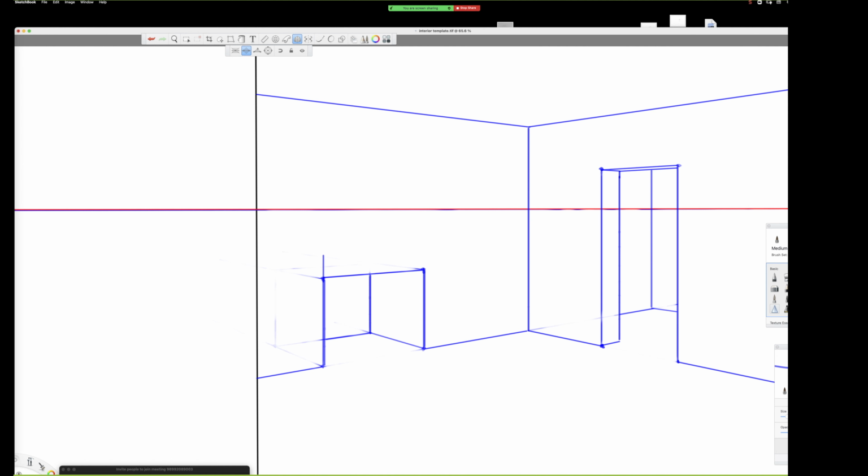So a vertical here. Now I'm still on the wall. How do I know I'm still on the wall with these marks I'm making? How do I know those two extensions I made are still on the wall?